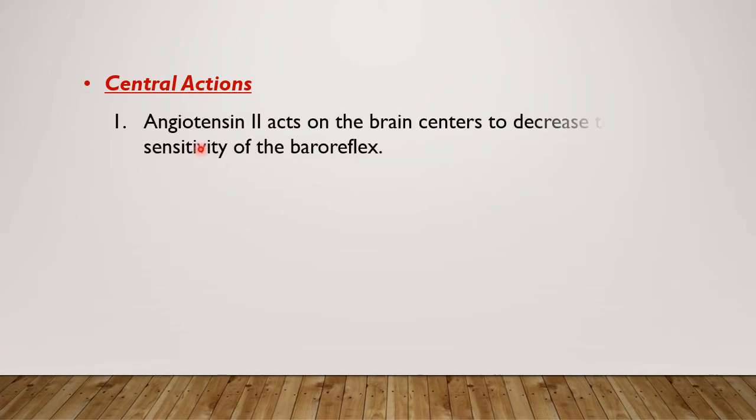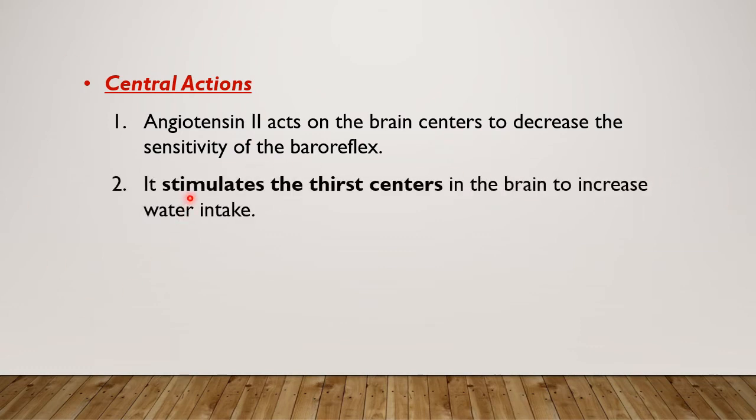Then certain central actions of angiotensin 2 are, it acts on the brain centers to decrease the sensitivity of baroreflex. So it will decrease the baroreceptor reflex. Then the most important action here is it stimulates the thirst center in the brain to increase the water intake. So it will stimulate the thirst, so that the person will drink a lot of water.